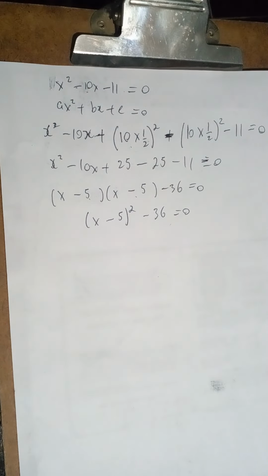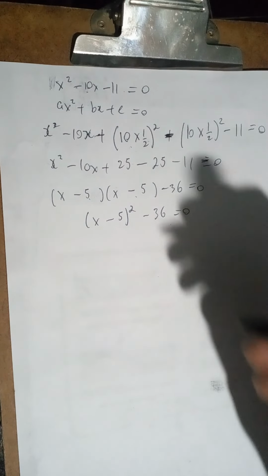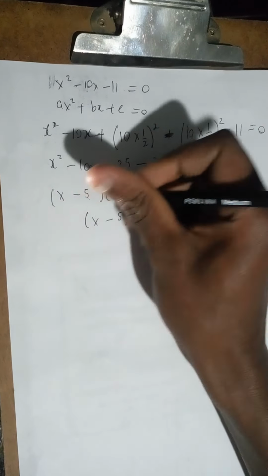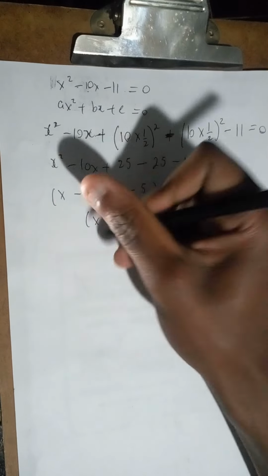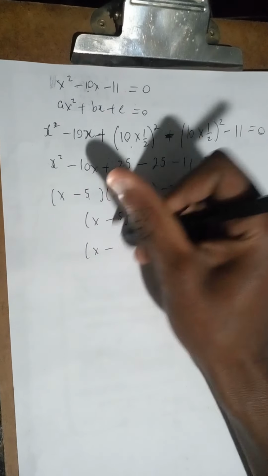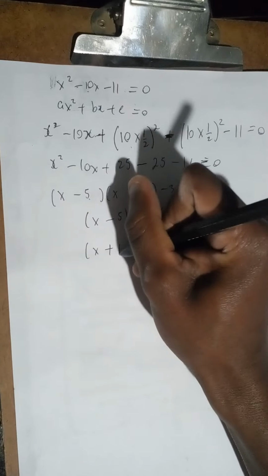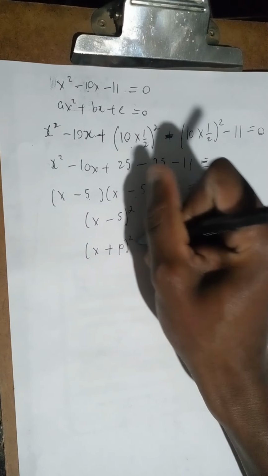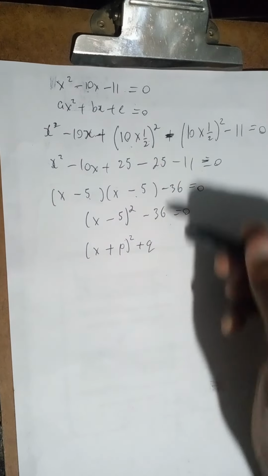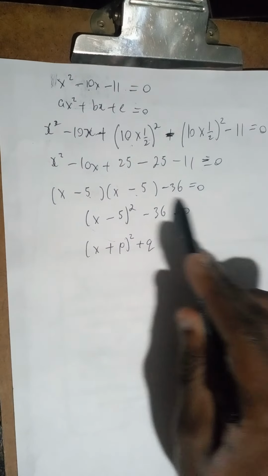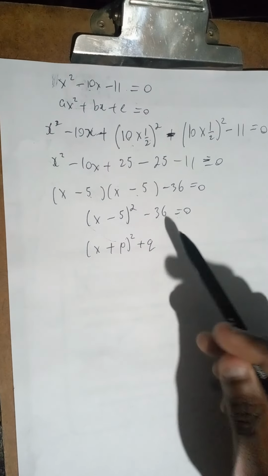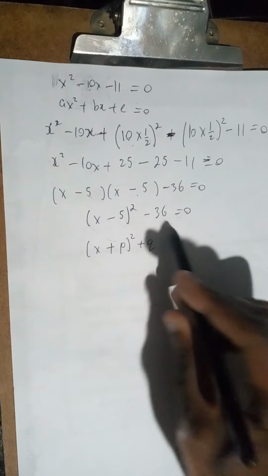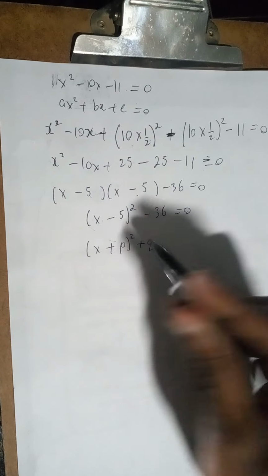And then, guys, we would have answered our question there, because our main aim was to transform this form into this form, which was x plus p squared plus q. So we are now finished from here. But since we wanted to find the value of x, you just solve for x.